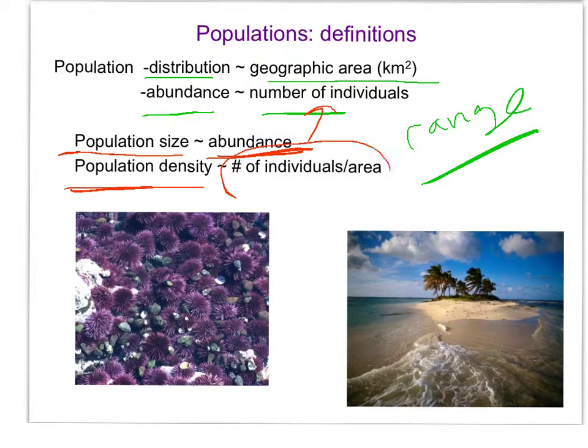So a density is a number of individuals per unit area, or in the case of aquatic organisms, maybe the number of individuals per unit volume. So we can have number of deer per hectare, or number of starfish per square meter. And we're going to talk about these examples in just a minute here.